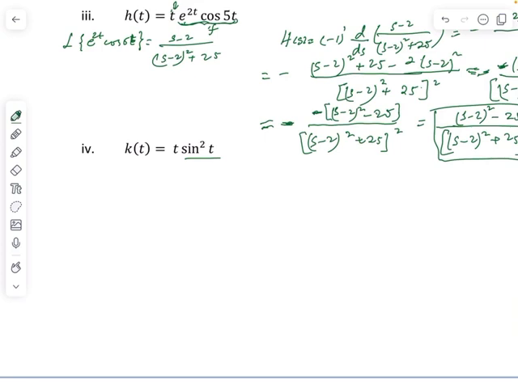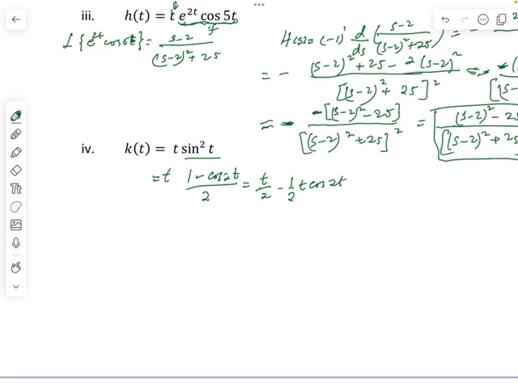So we can write it as t times (1 minus cosine of 2t) divided by 2, which can then be written as t over 2 minus 1/2 t cosine 2t.